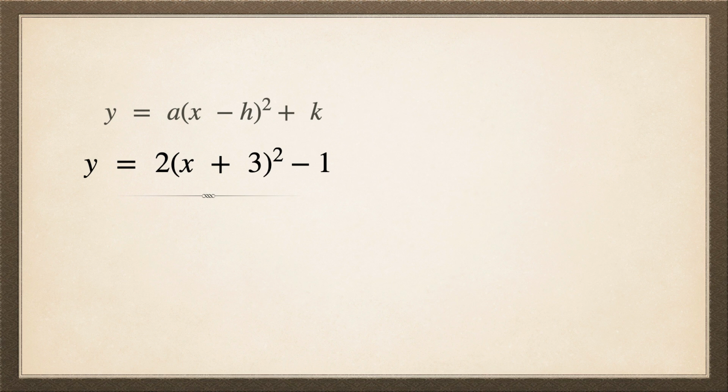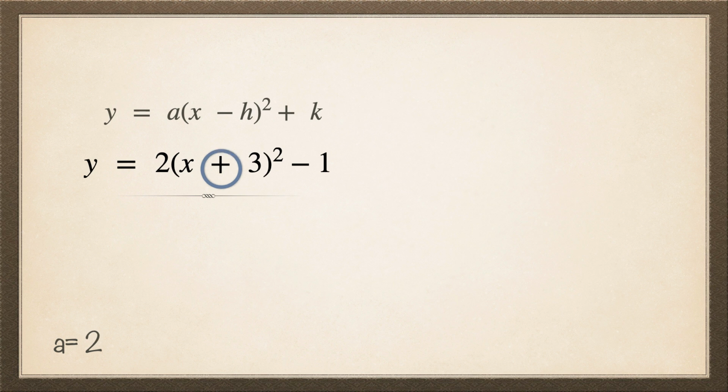So again, I want to show you a couple things here. Well, we still know that A is 2, and we know that it's going to be an upward quadratic. But let's look at what the vertex is. Well, we still know H and K, or do we? We have to be very careful here because look at what is in front of the H value.